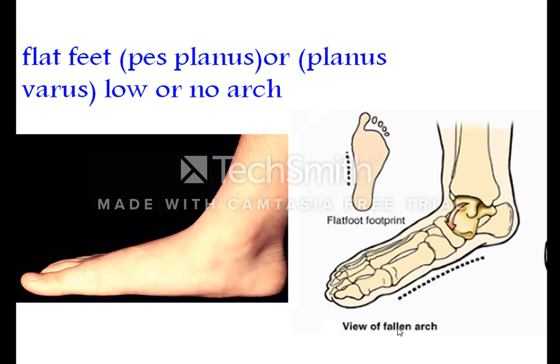So let's see some clinical importance of these things. Here we have the flat foot, the pes planus or planus valgus, low or no arch. This is how it looks, flat foot, there are no arches here, or an absent or low arch.